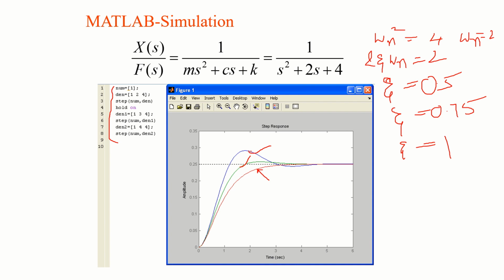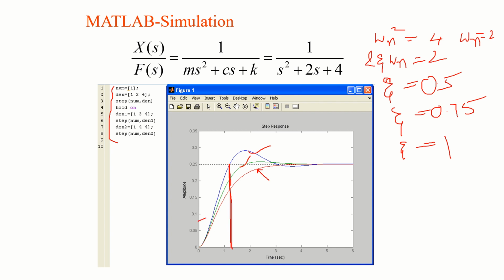Right? So you can very clearly see that if the damping ratio is less, you see here, this is the time taken. Assume that this is the input value. That is not exactly the input value, right? Anyway, I have given unit step input, that is divided by 4.